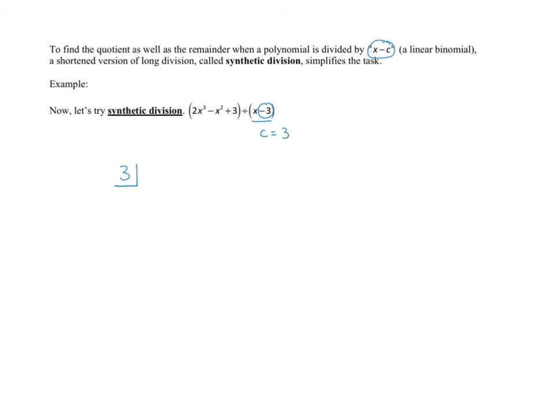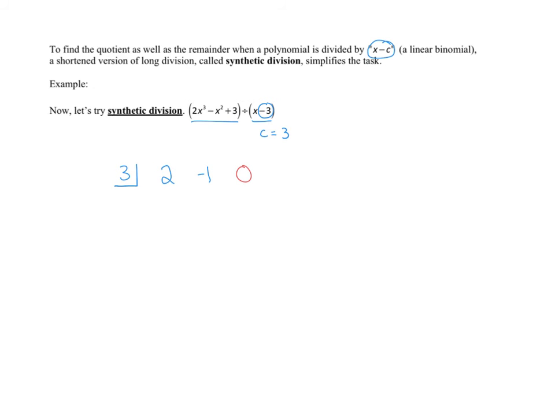Next, you're going to list only the coefficients of the numbers in the dividend. So 2x to the third, I'm just going to put the 2. Then we have minus x squared, so I'm just going to put negative 1. There's no x term, and I have to put a 0. Very important. If I don't put a 0 for my x term, it's not going to work.